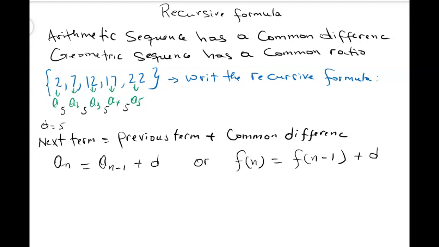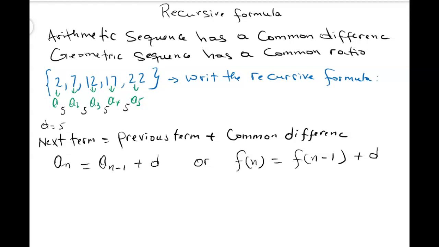Now, f of n, again, n could be anything. n can be 5, n can be 4, n can be 3. So n minus 1 is whatever term you're looking for, minus 1. So if you're looking for term 5, it's 5 minus 1. So that's a function way to write a recursive formula.